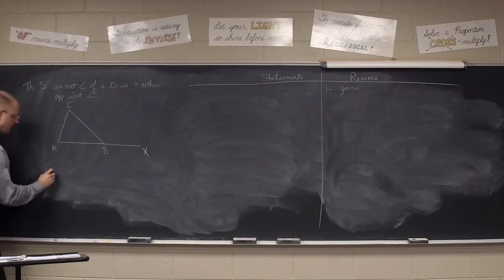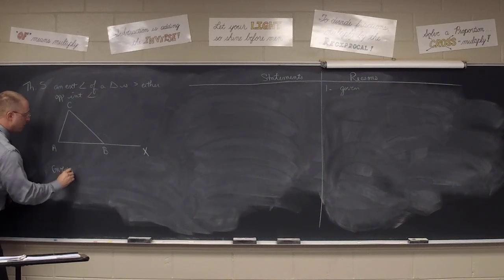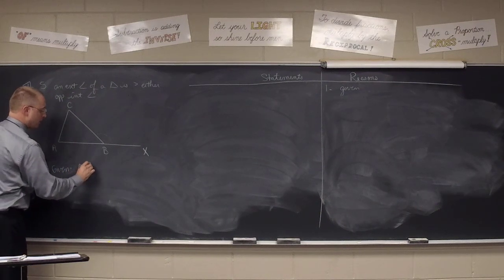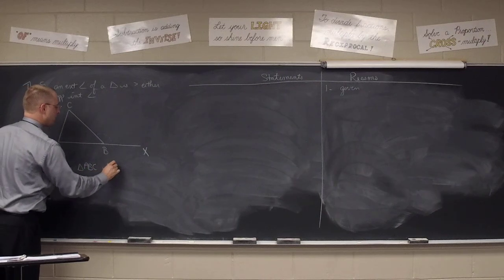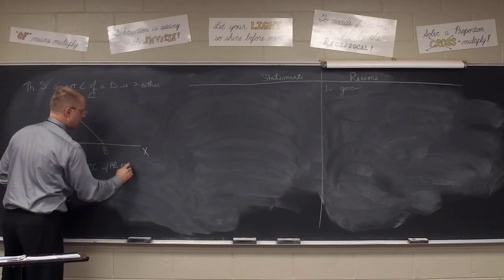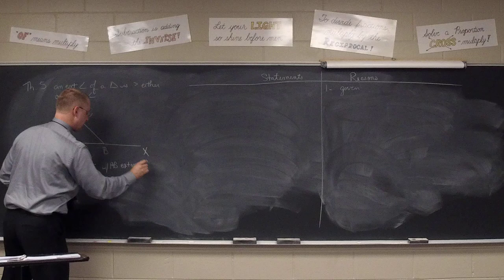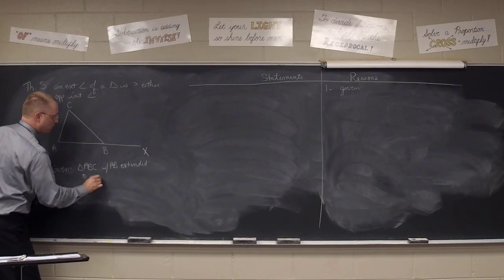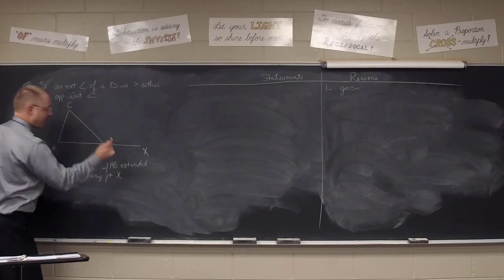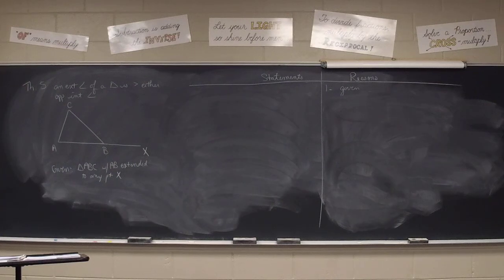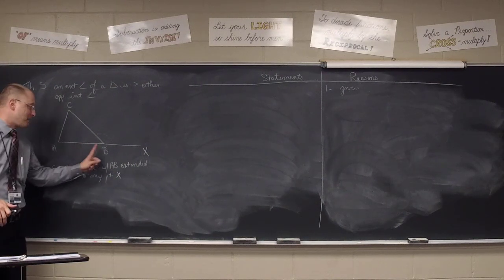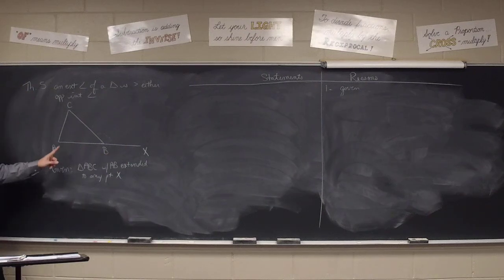All right, so here's what we're given, first of all. We're given triangle ABC with AB extended to any point X. That just means you don't have to extend it a particular special length or anything. We don't know, by the way, that AB and BX are equal. They kind of look equal, don't they, on my picture?